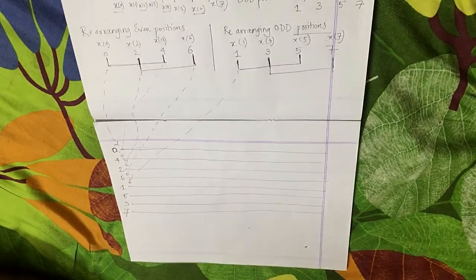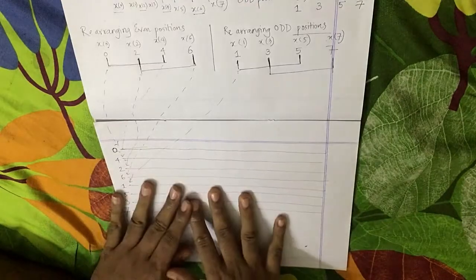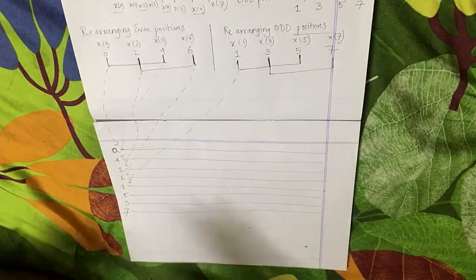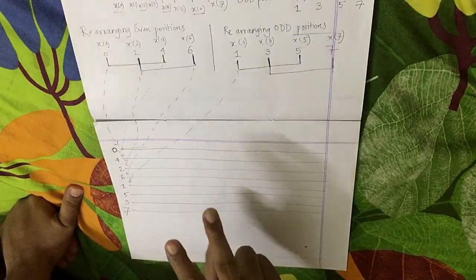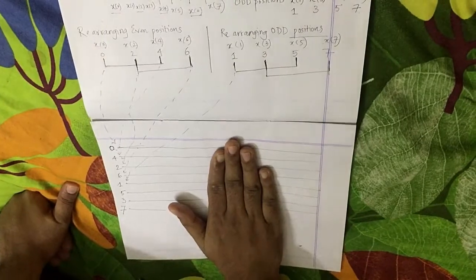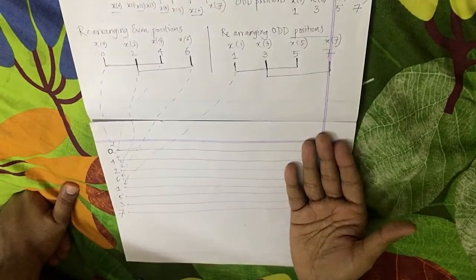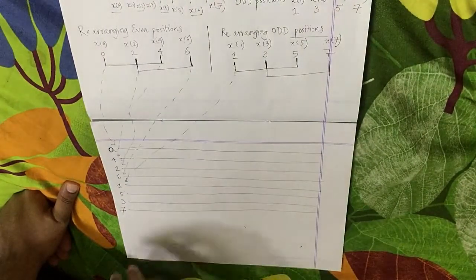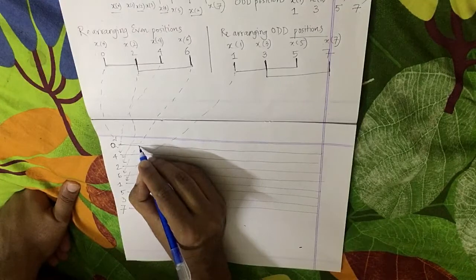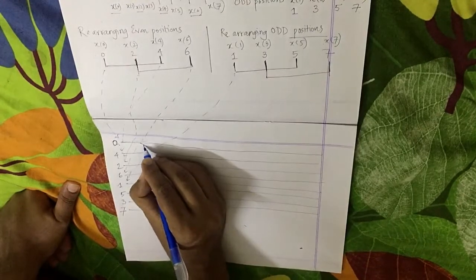As I was telling you, it's an 8-point DFT, that's why we have drawn 8 lines, and it will have the 2-point DFT part, the 4-point DFT part, and in the final segment it will have the 8-point DFT part as well. Do you remember the 2-point DFT? In 2-point DFT we used to draw a line like this.